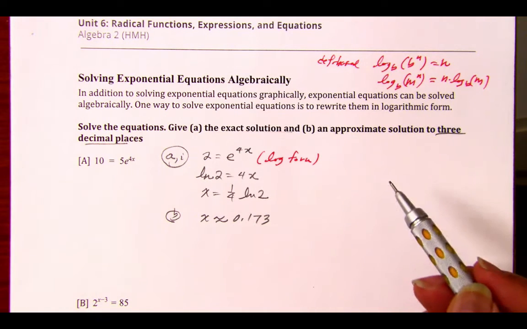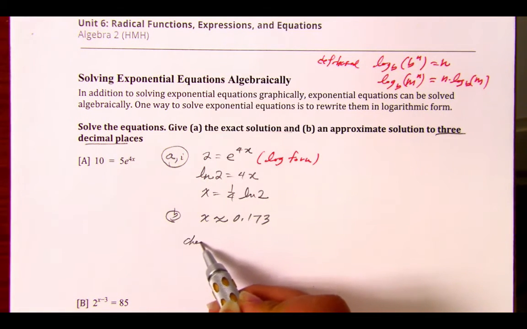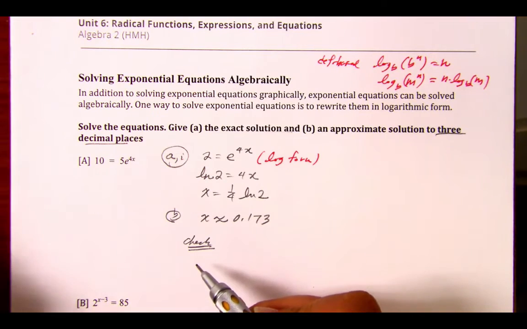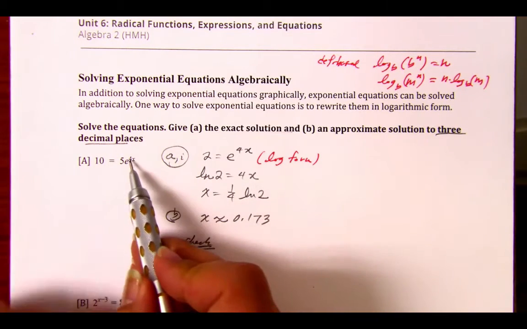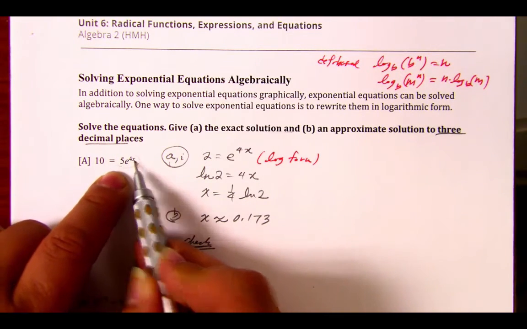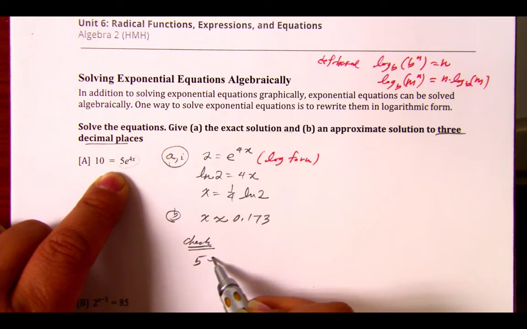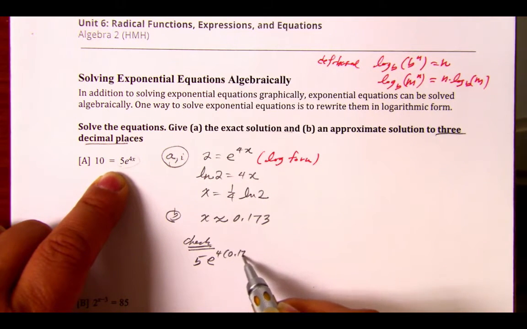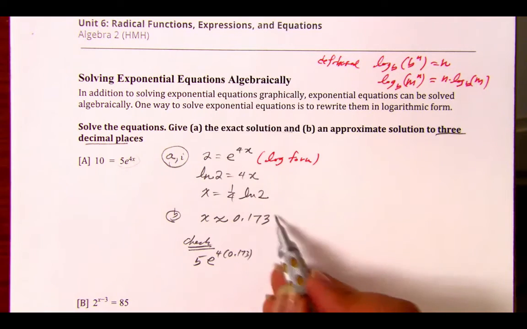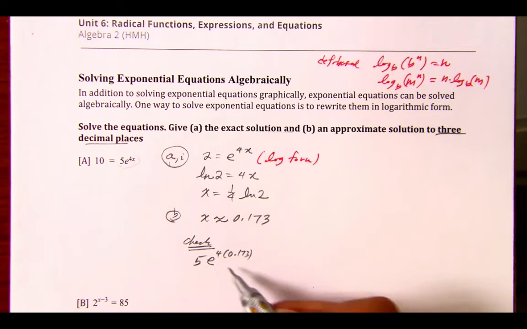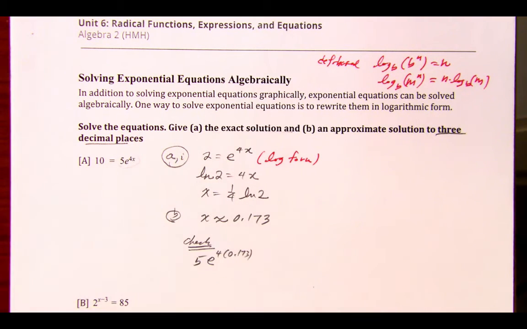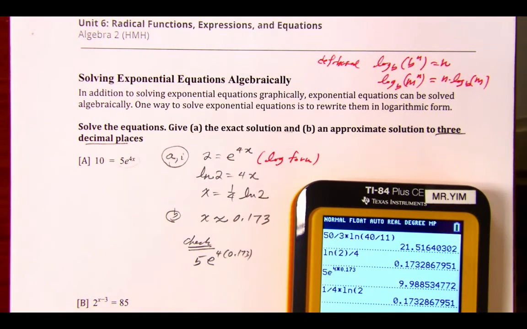Even though it doesn't ask me to do so, you should always check to make sure that it works. Going back to this equation right here, I like to put my value in here. So 5 e to the 4 times 0.173. Because x is not an exact value, this will not give me exactly 10, but should be very, very close.